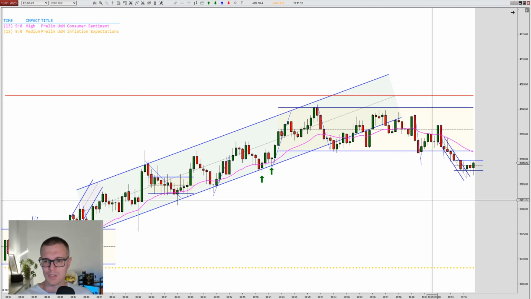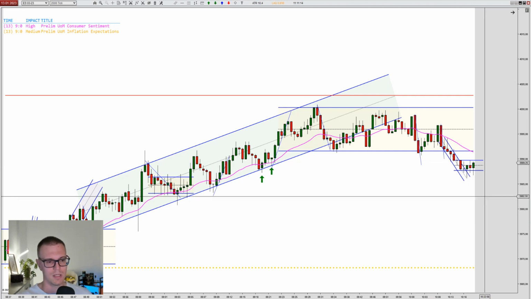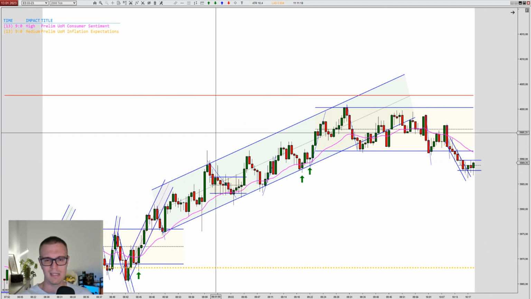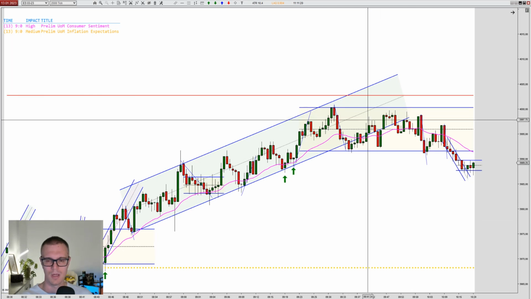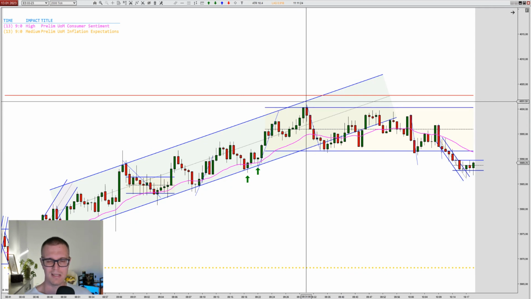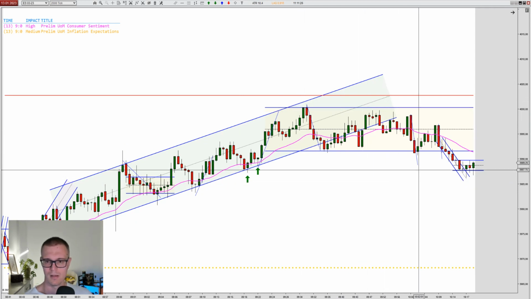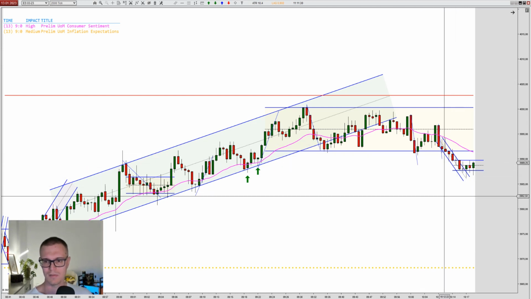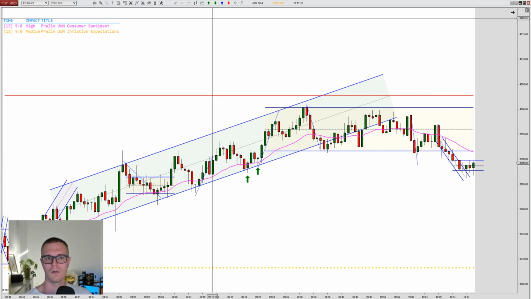If you want to take the short setups, then you have to skip this setup. But with having the context up here and no clear retest of the extreme yet, and the first breakout out of this range, and most breakouts fail, I would like to take a long here.